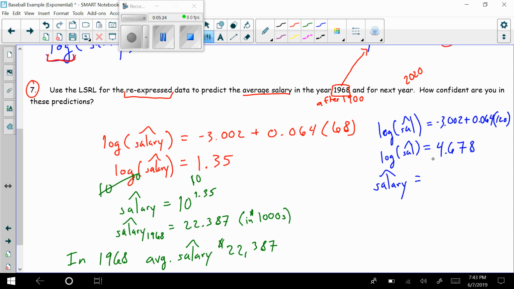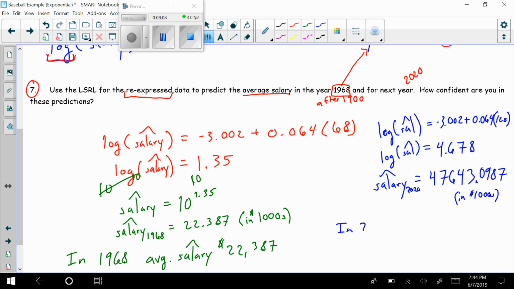Then we have to power that. We know we have to power this to the 10, so 10 to the power of 4.678, and I get 47,643.0987. Now, that looks like 47,000, which makes kind of sense, like $47,000. But remember, this is in 2020, and this is still in thousands of dollars. So since this is in thousands of dollars, we have to move the decimal place.